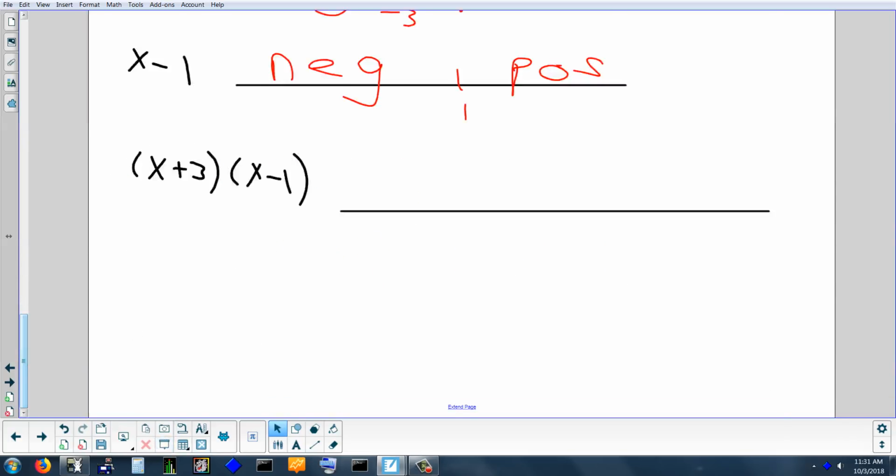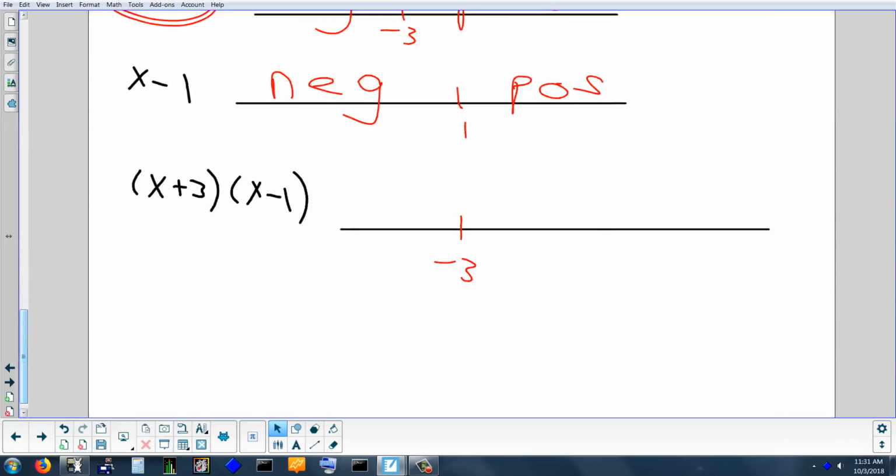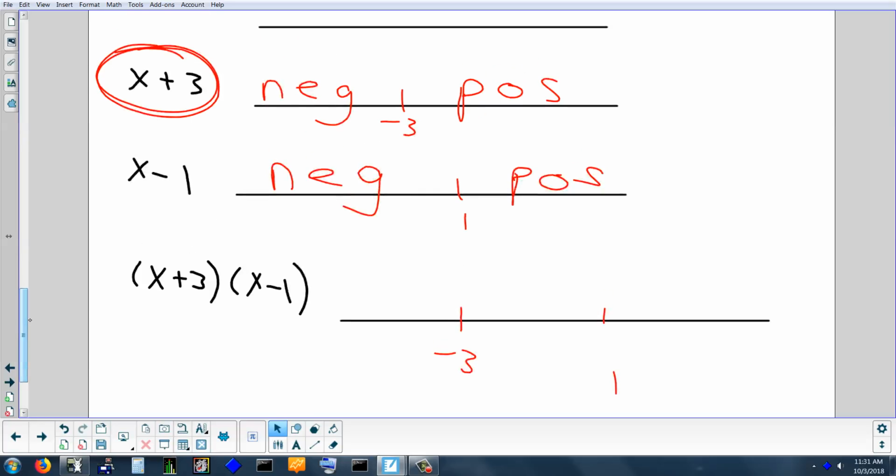Put your roots, but make sure they're in numerical order. -3 and then 1. And let's check. We'll just check the first 2 sections. And if they alternate, then we know the next one will just alternate as well. If we are less than -3 in the top number line, what kind of number would that be?